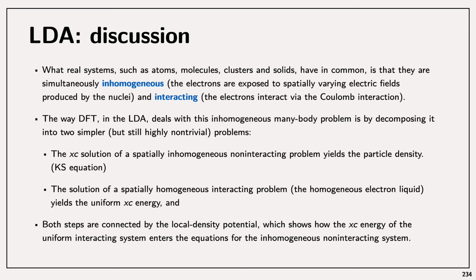So we do all this and we connect the whole thing through the effective potential. So in particular, the local density exchange correlation potential, which we do by connecting the full problem to the problem of the Kohn-Sham equations. So what I just said, I just used different words to say the same thing I've said before. This is nothing new here.